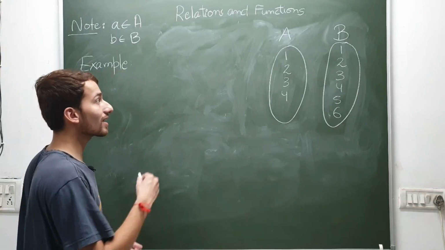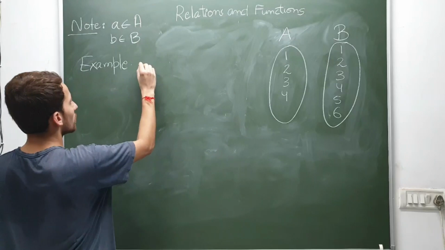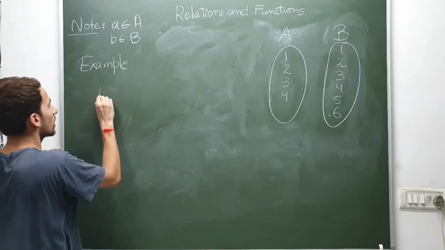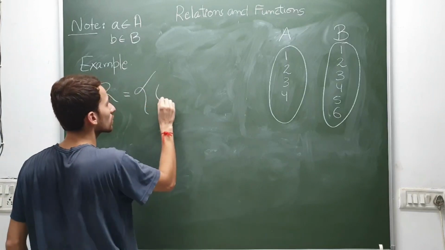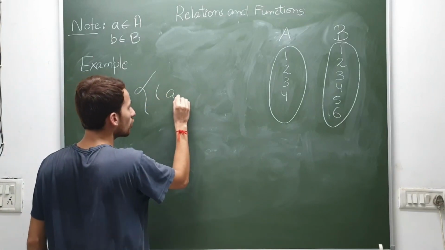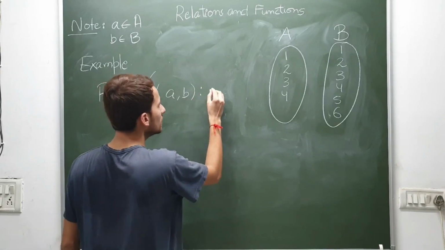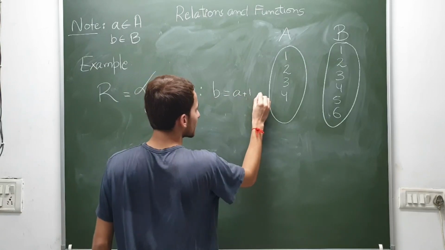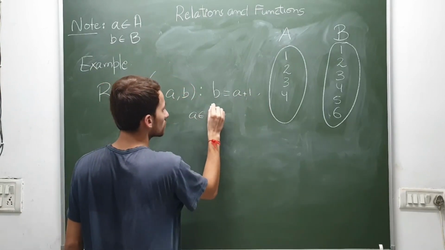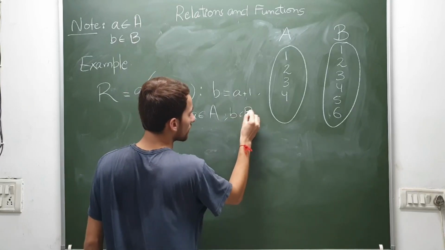Now I am defining a relation from set A to set B by this notation R. And how is it defined? I am collecting all those ordered pairs (a, b) where b is 1 greater than a, and a is coming from the set capital A, and b is an element again from the second set capital B.